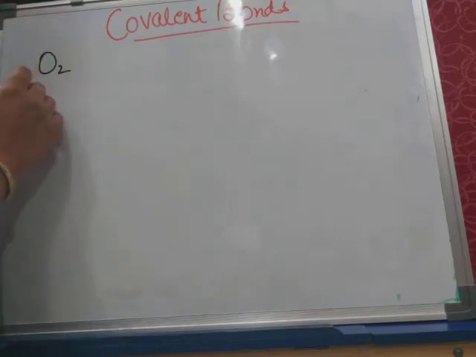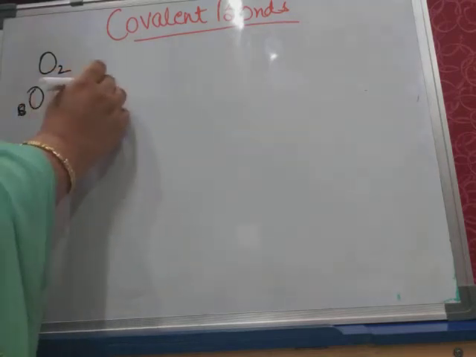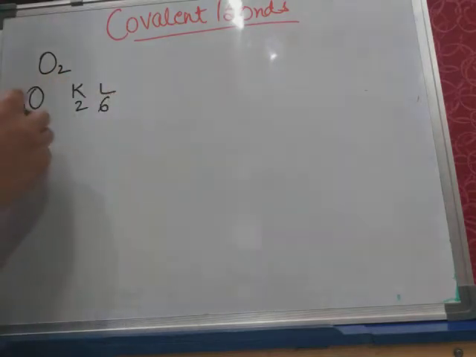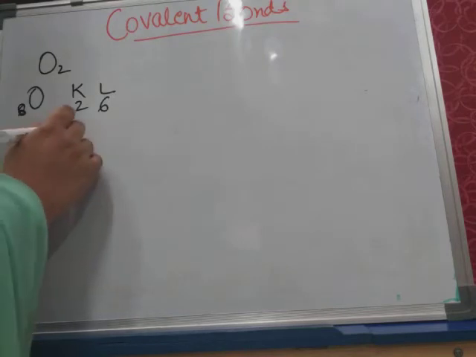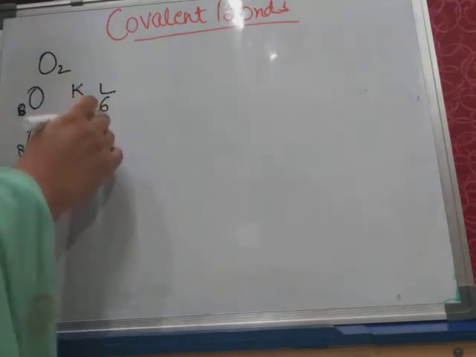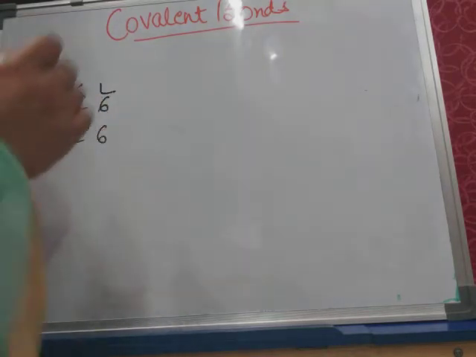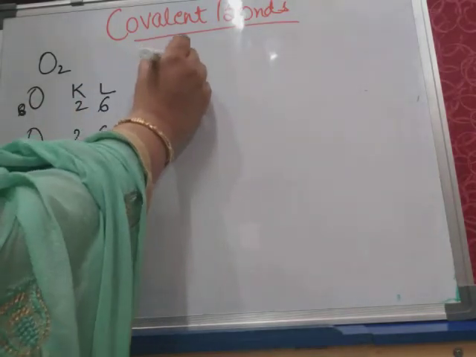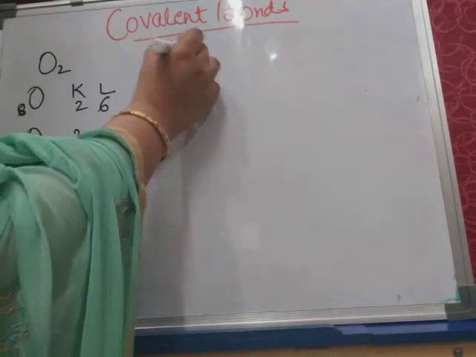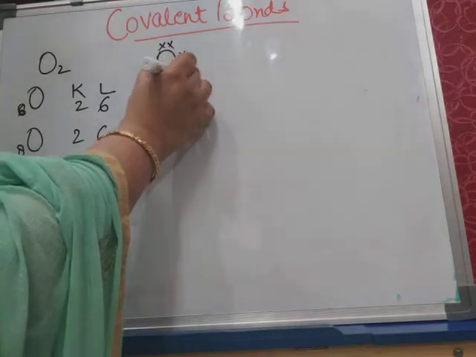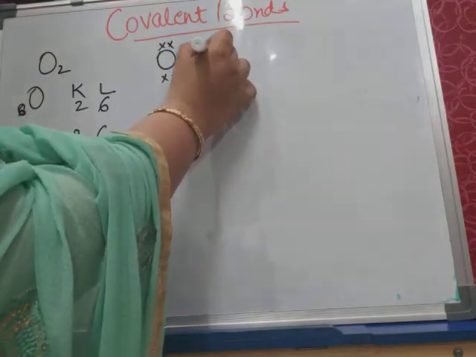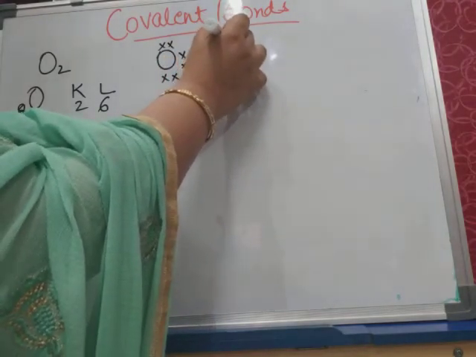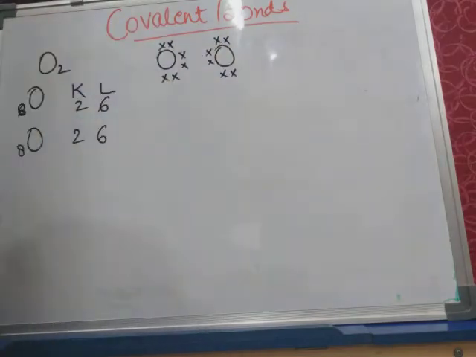And atomic number of oxygen is 8. 8 means electronic configuration will be 2, 6. It means two oxygen atoms are there having 6 valence electrons each. If we draw the structure, it will be like 1 2 3 4 5 6, and this oxygen atom will also have 1 2 3 4 5 6 valence electrons here.